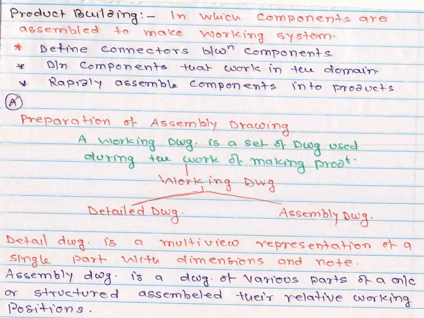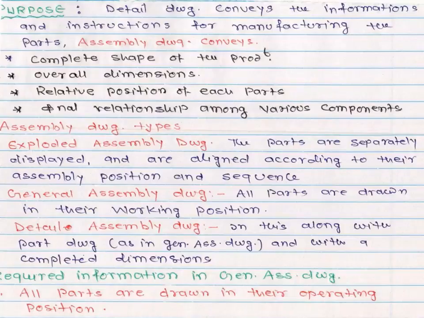The assembly drawing is a drawing of the various parts of a machine or structure assembled in their relative working positions. Purpose: the detailed drawing conveys the information and instructions for manufacturing the parts, and the assembly drawing conveys the complete shape of a product, overall dimensions, the relative position of each part, and the final relationship among the various components.